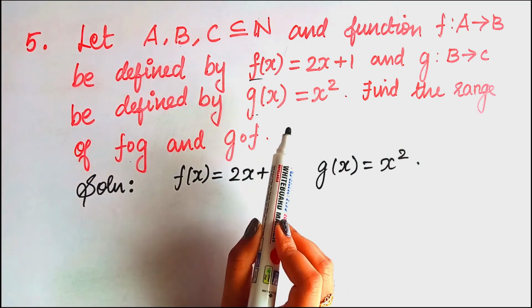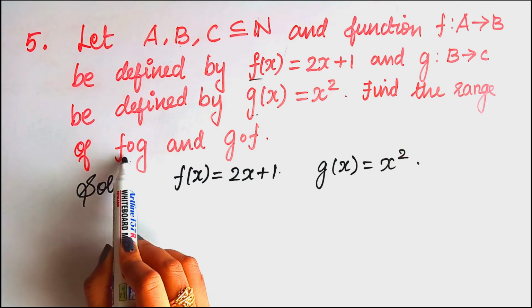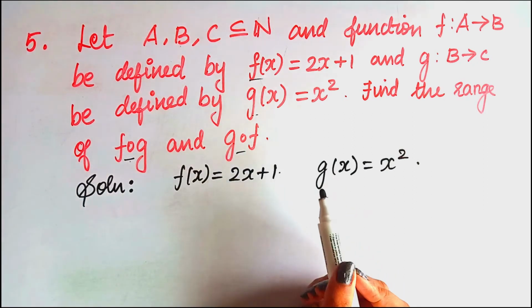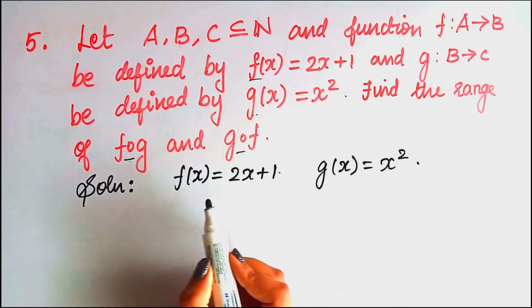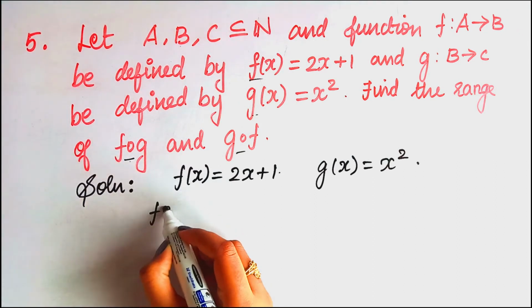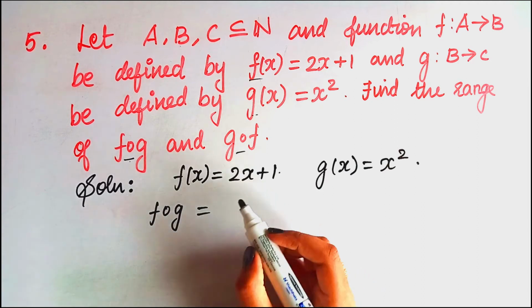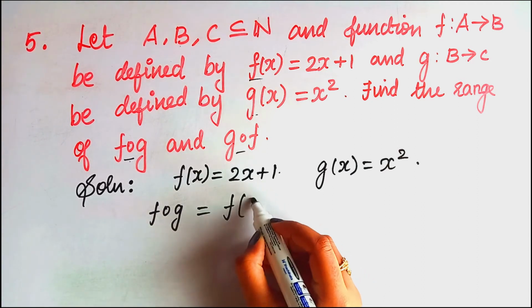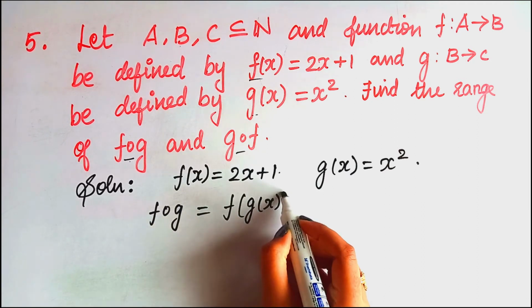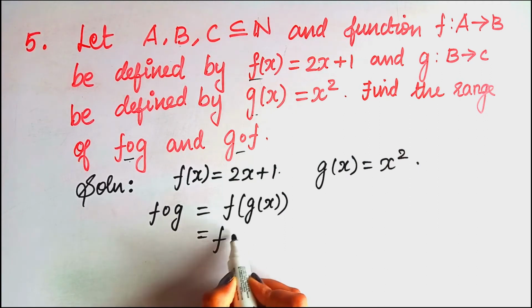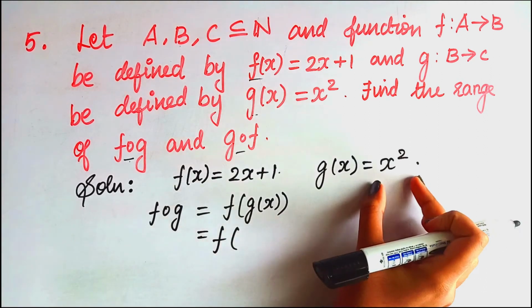For that, first you have to find what is f dot g and what is g dot f, right? So first let's find f dot g. F dot g is equal to, by the definition of composition of function, f of g of x. Now we know the value of g of x here, which is x square.